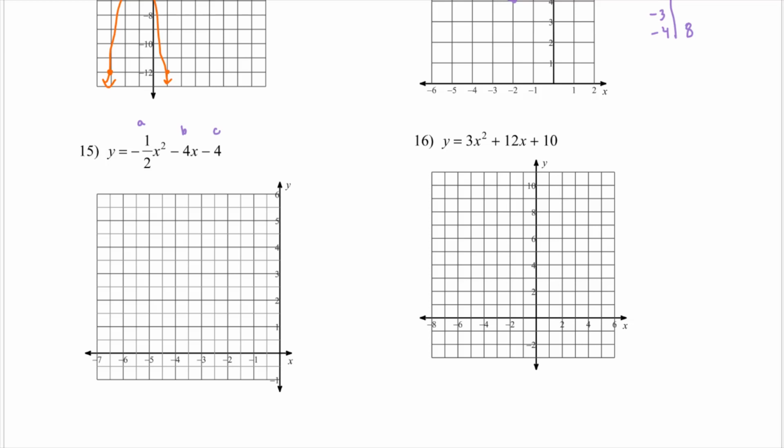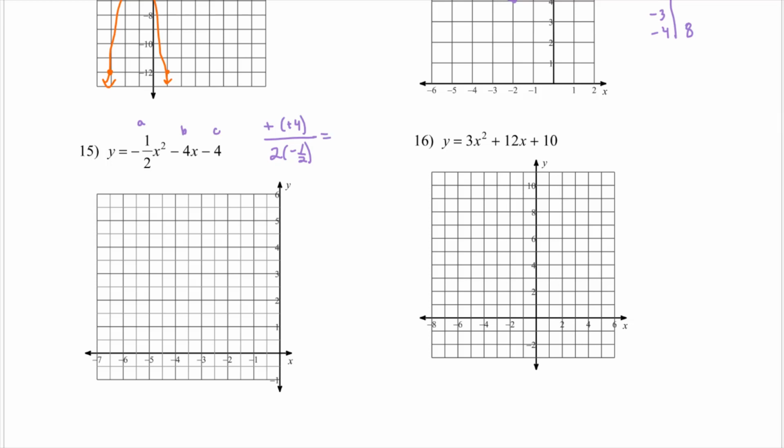So we've got a, b, and c. We're doing -b over 2a. So if you're putting the negative on top, we'd have -4, also known as a +4, and then 2 times -1/2. So these negatives can cancel each other out, or you can cancel out the negatives differently, but no matter how you cancel, you should end up with a negative left over, so this will overall be negative.